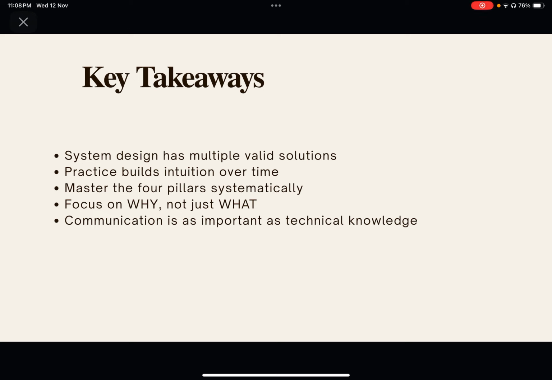Don't skip the foundations. The fourth is to always focus on why you made a decision, not just what you decided. And fifth, communication skills are as important as technical knowledge. Finally, learn from real-world examples, because they provide context and make concepts stick. Keep these principles in mind as we move forward.